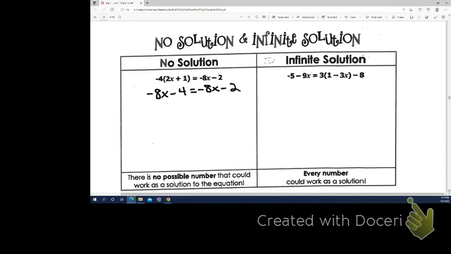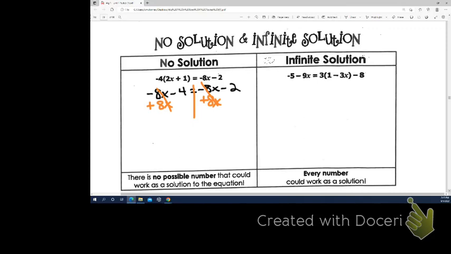All right, so then I would want to get my variables on the same side, and so I would add 8x, and I would add 8x to the other side, but what happens here, the 8x is gone on the right, but the 8x is also gone on the left, right?